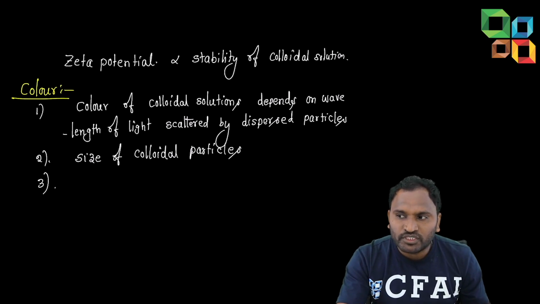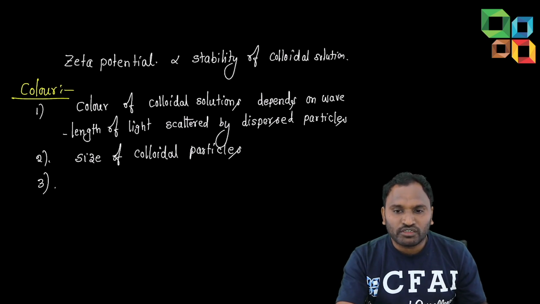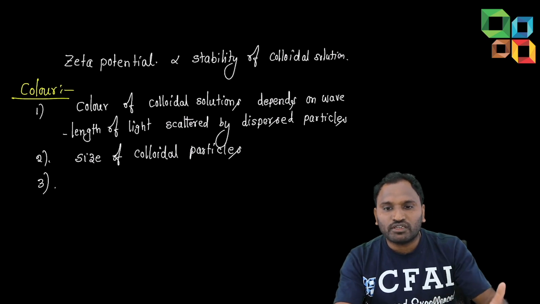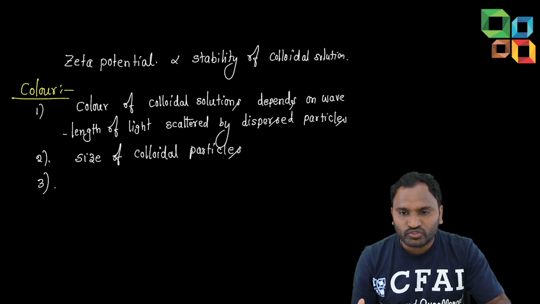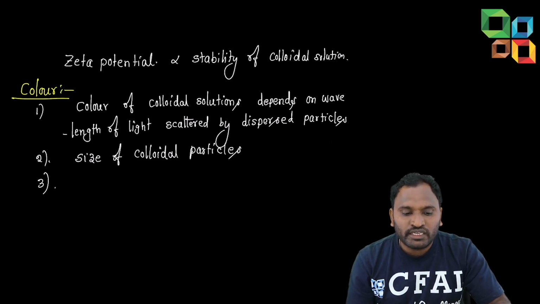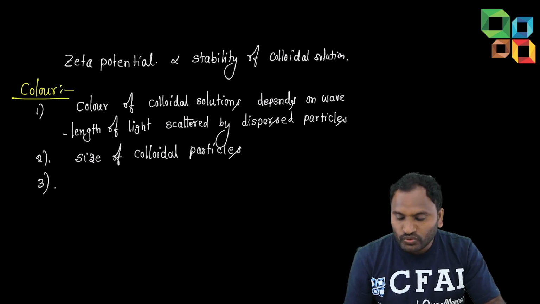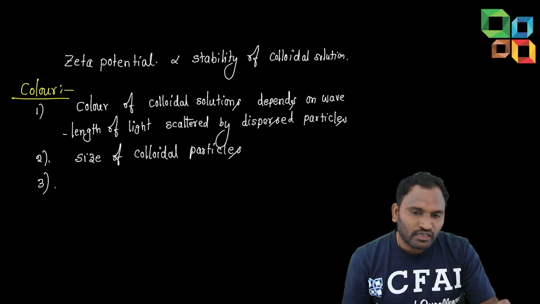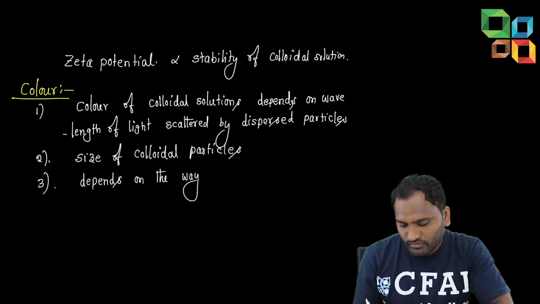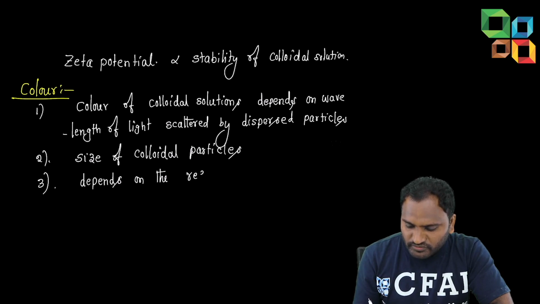If the observer is receiving the reflected light, the color appears in one way. If the observer receives transmitted light, the color will be different. So the way he receives the light matters. The color of the colloidal solution depends on transmitted and reflected light, and the direction.